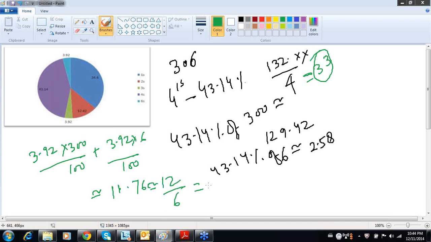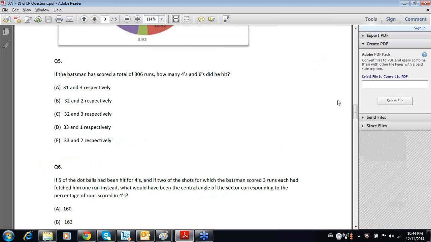So by 6 you will get 2 sixes. So he hit 33 fours and 2 sixes. We have an option of 33 fours and 2 sixes as option number E, so we'll go ahead and mark option number E.